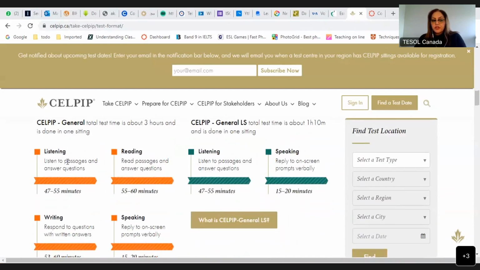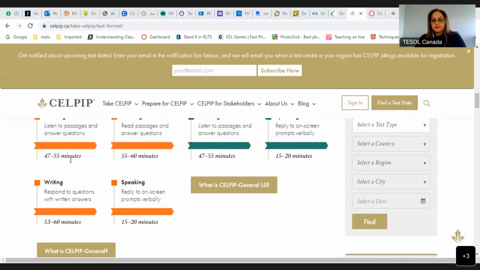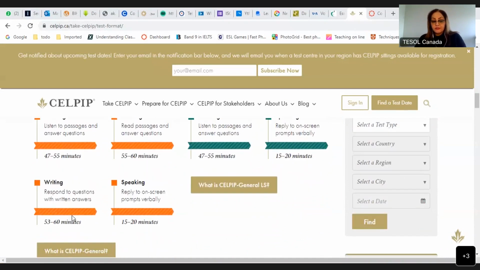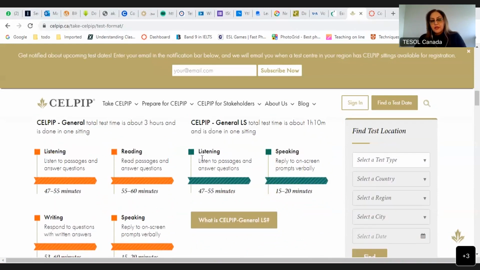So in general, you have listening, reading, writing, and speaking. Listening lasts for 47 to 55 minutes, reading about an hour, writing about an hour, and speaking up to 20 minutes. In General LS, listening is the same, speaking 20 minutes, and listening is less than an hour, mostly 50 minutes.